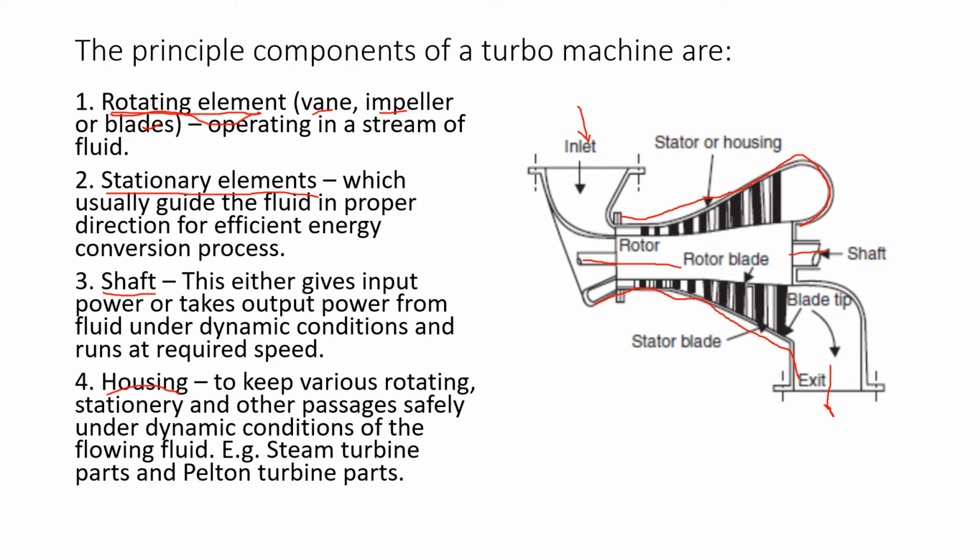This either gives the input power or takes out the power, depending on what type of turbo machine we are using. The next one is housing. It keeps the various rotating, stationary and other passages safely under the dynamic conditions of the fluid flow. For example, consider steam turbine parts and Pelton turbine parts, the outer casing cover.